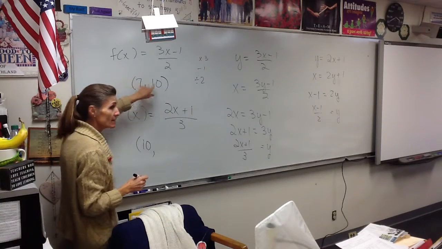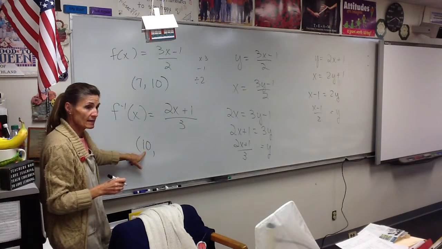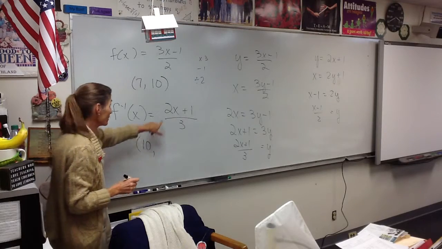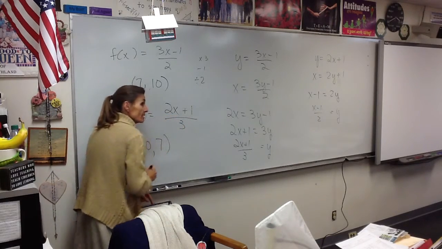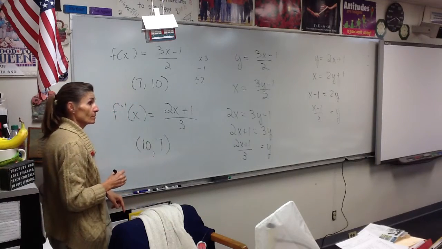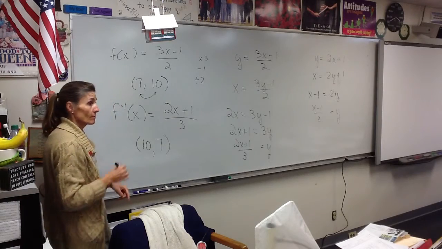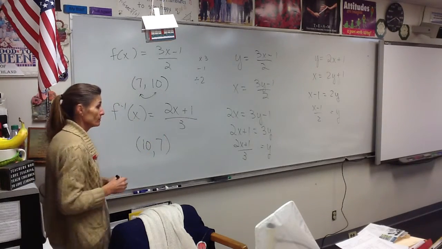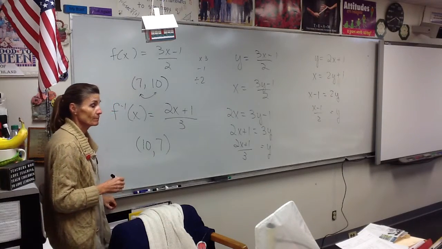If I put 7 in and got 10 in the original, what's going to happen when I put 10 in the inverse? I better get 7. Do I get 7? Yeah. That's like a little check, isn't it? They have to reverse each other. They have to undo each other. If 7 gives me 10, then 10's got to give me 7 every time.